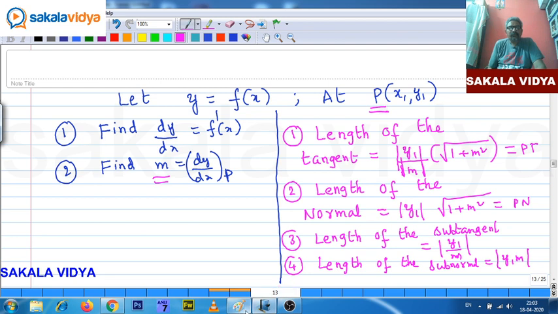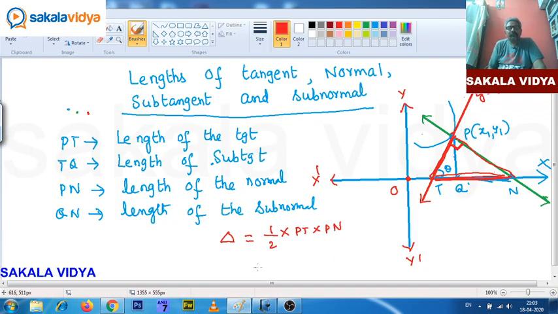So, now here we can write mod of y1 by m into root of 1 plus m square into y1 into root of 1 plus m square.